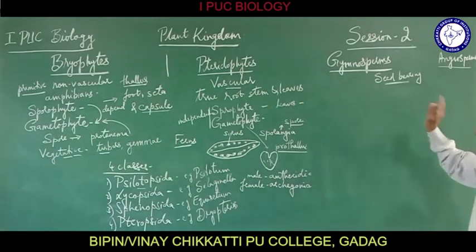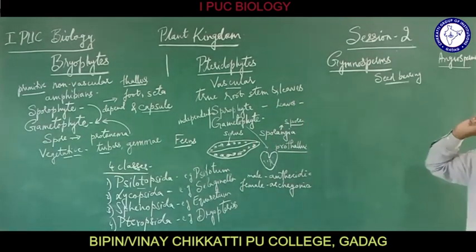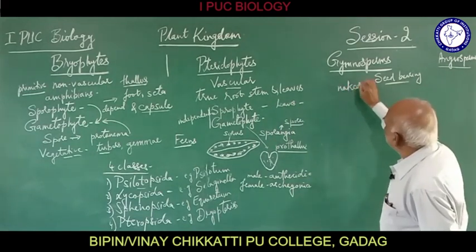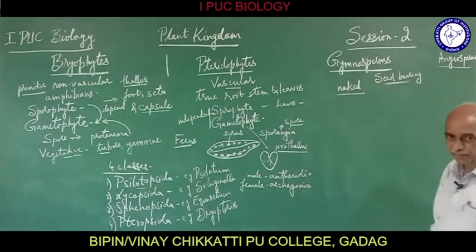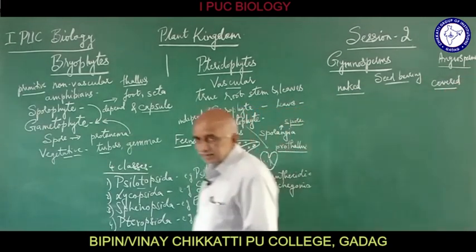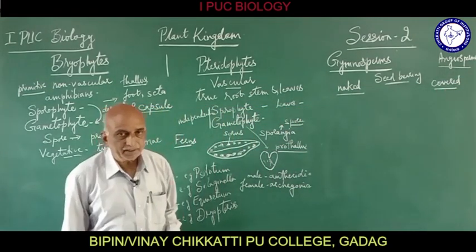And the difference between these 2 is that the seed in case of gymnosperms is naked, but in angiosperms the seeds are covered. That is the difference between gymnosperm and angiosperm.